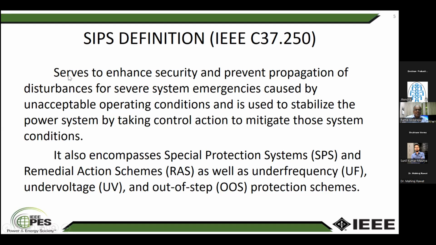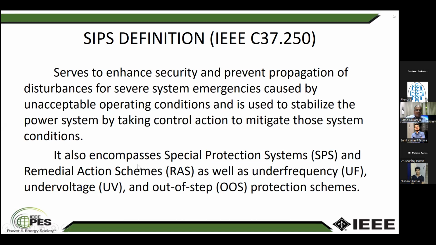So SIPS basic definition, if you see, is that it serves to enhance security and prevent propagation of disturbances for severe system emergencies caused by unacceptable operating conditions, and is used to stabilize the power system by taking control action to mitigate those system conditions. It encompasses system protection schemes, as I mentioned before.